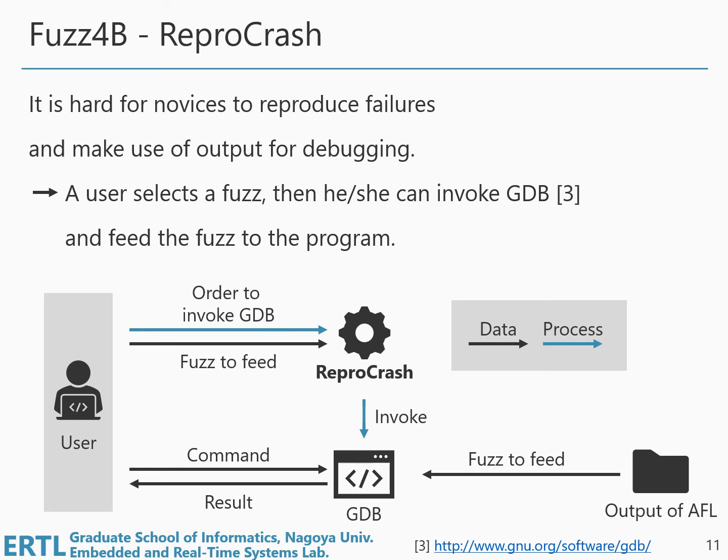This feature allows the user to invoke GDB and feed the fuzz to the target program by selecting a fuzz. The user can select not only fuzzes that cause failures, but also fuzzes in the queue of AFL and fuzzes reduced by DD. So, the user can reproduce failures and make use of output for debugging by only selecting a fuzz.